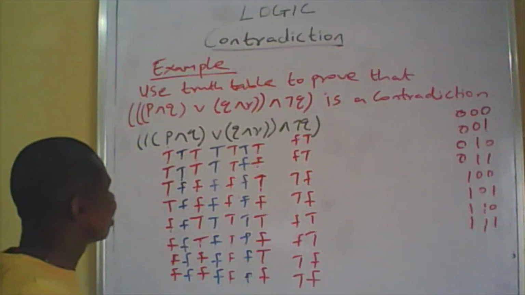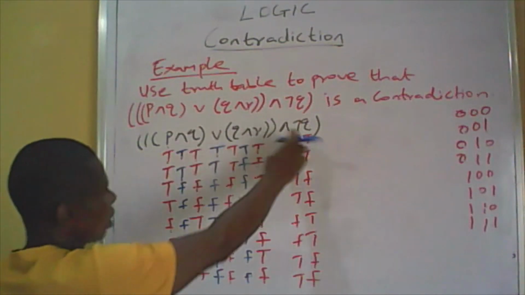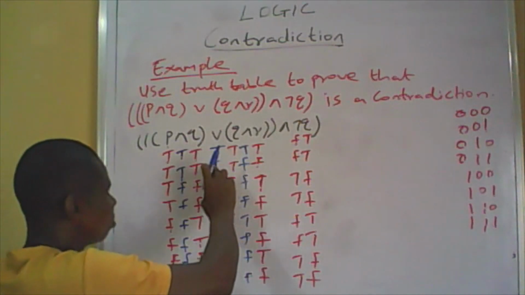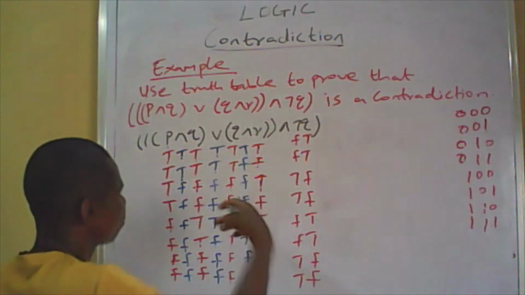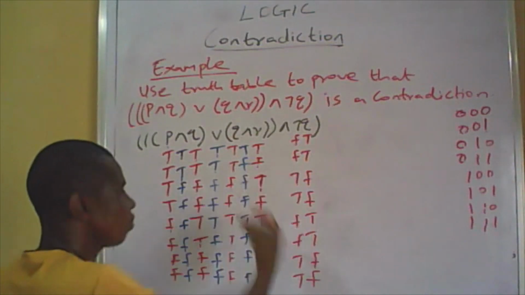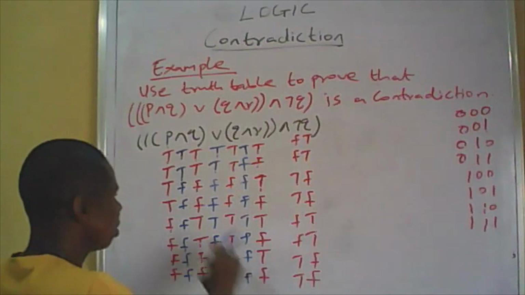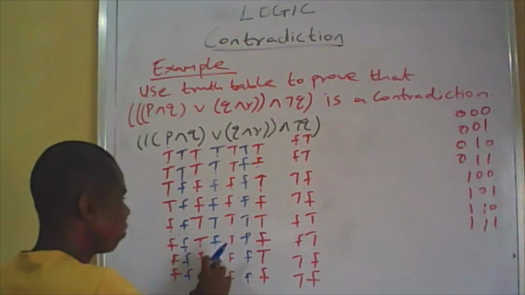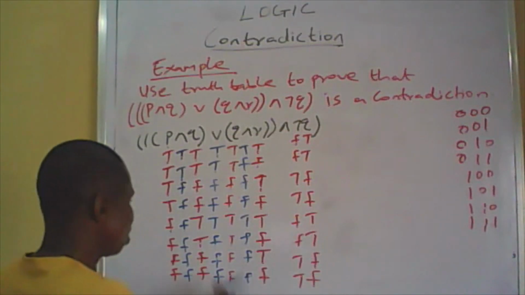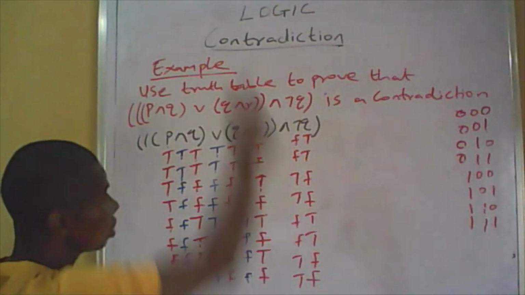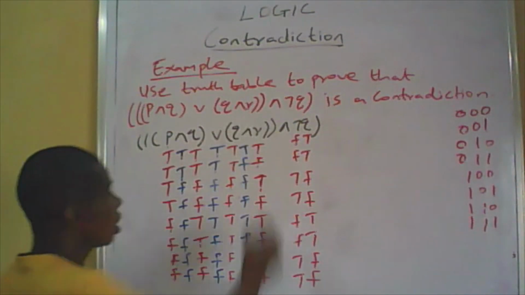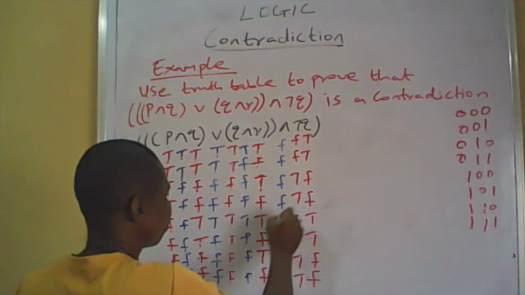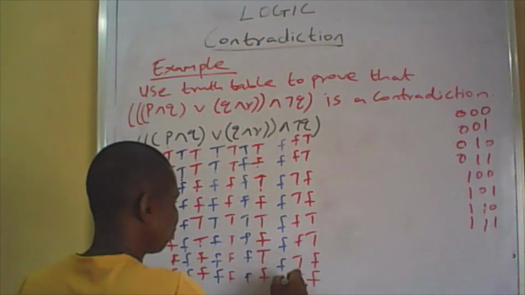But here we have T, we have F, so it is false. Here you have T, you have F, it is false. You have F, you have T, it is false. You have F, you have F, it is false. So it is false throughout.